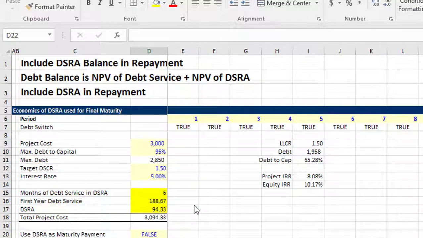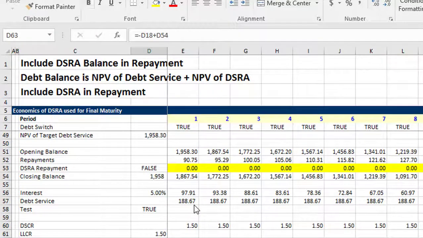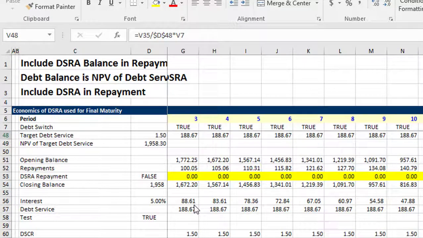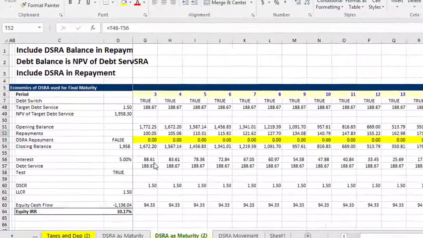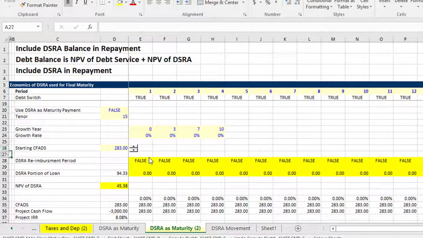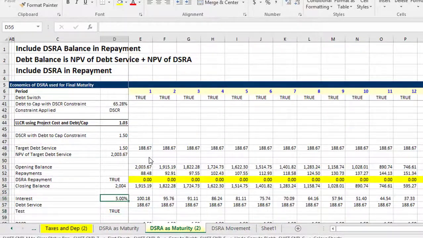I'm going to put a 15-year debt back in. I don't know why. And then now, when we look at our debt balance, here it goes down to 0 when we have a false. And here's the good news, when we put in true, we have a higher debt balance, but the same initial debt service.